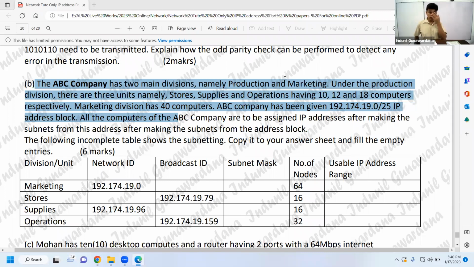The ABC company has two main divisions, namely production and marketing.